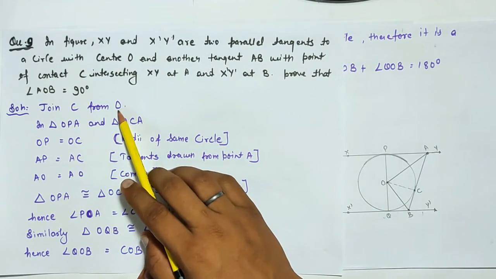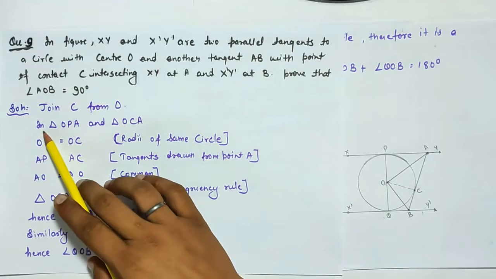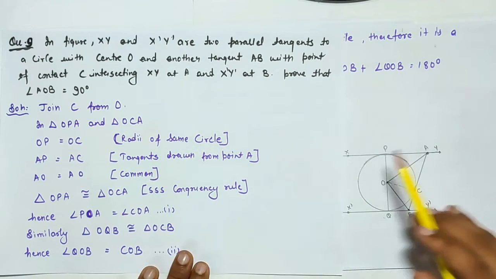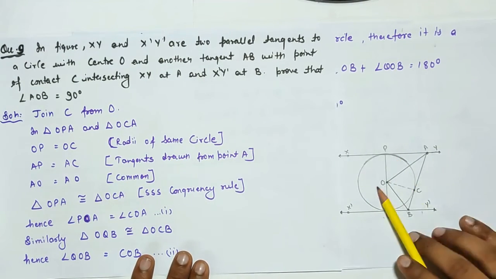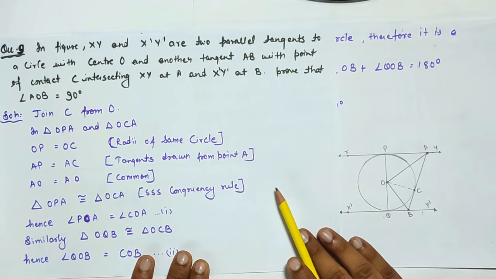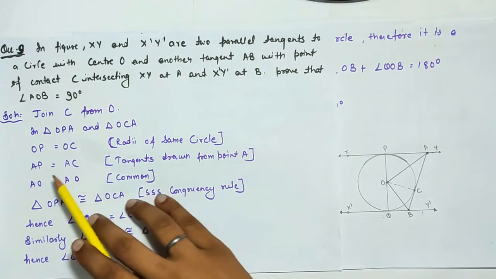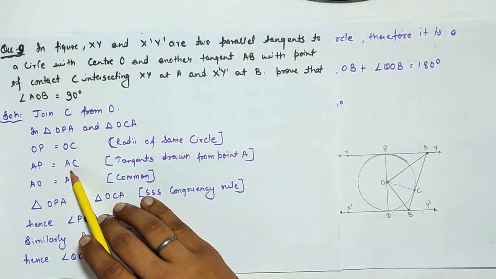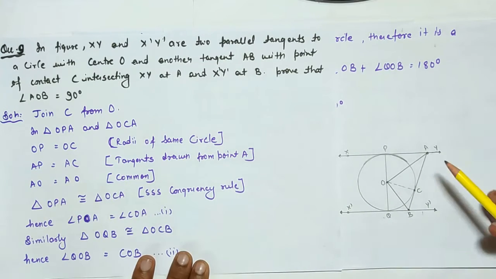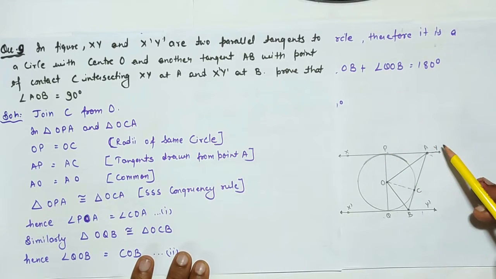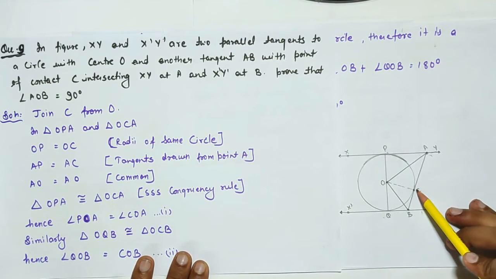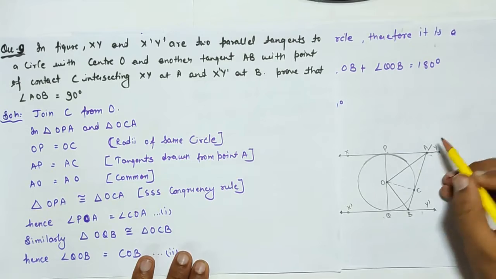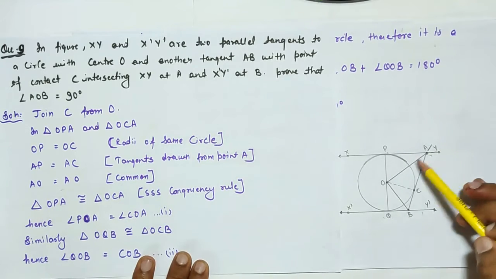Join C to O. In triangles OPA and OCA, the radii of a circle are the same, OP is equal to OC. AP is equal to AC because of the tangents drawn from point A. AO is common.